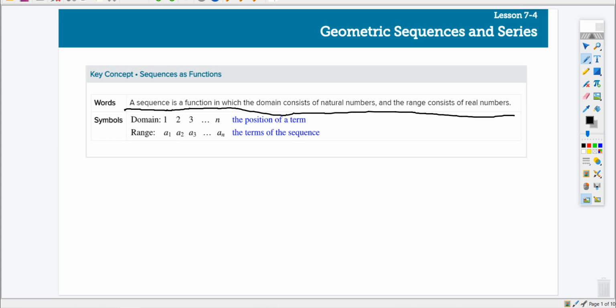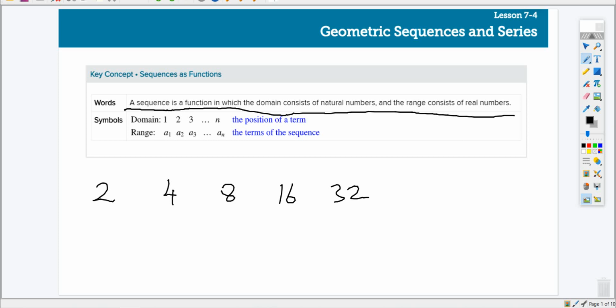It's like that. Let's say we have some numbers like 2, 4, 8, 16, 32, and maybe more, right? I can tell the first term is 2, the second term is 4, the third term is 8, the fourth one is 16, and the fifth one is 32. So a sequence is, if you can see a pattern between the numbers, a constant term is added or multiplied all the time, something like that, you call it a sequence.